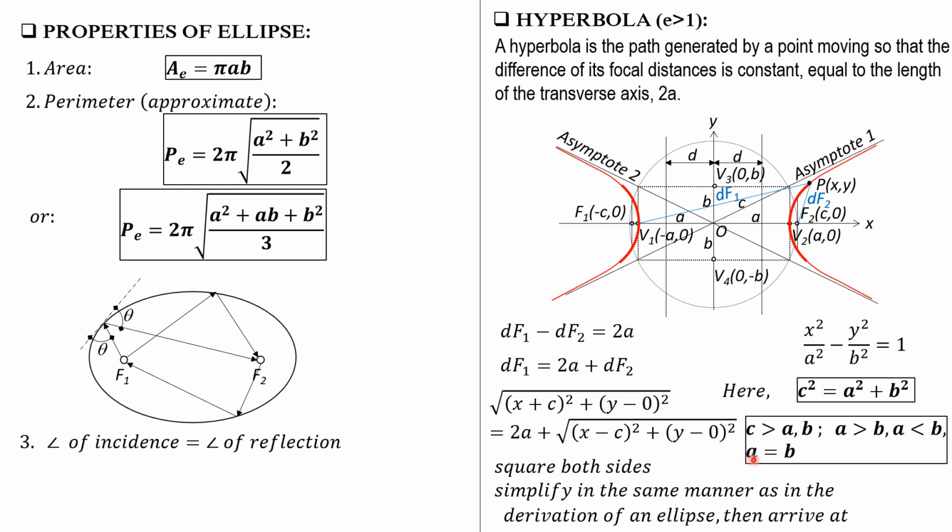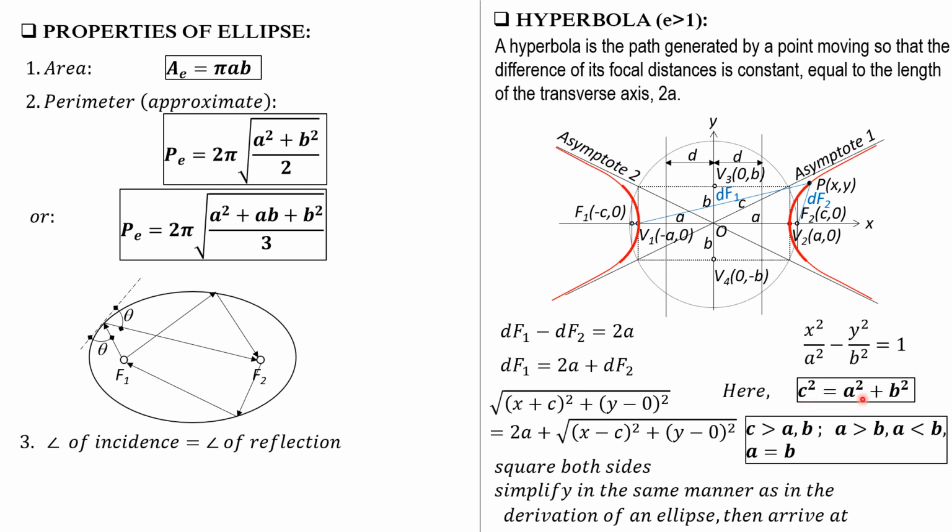When a is equal to b, the hyperbola is called an equilateral hyperbola. So take note, when a is equal to b, the hyperbola is called an equilateral hyperbola, and the eccentricity for that hyperbola is square root of 2. Eccentricity is still c over a. You just replace b here by a, so c squared equals a squared plus a squared.